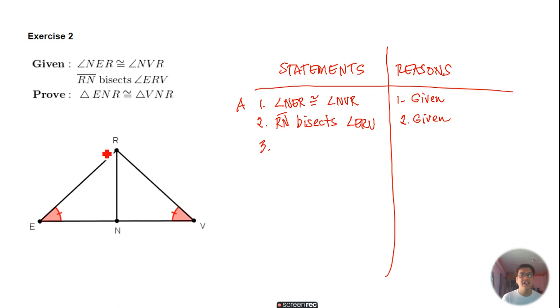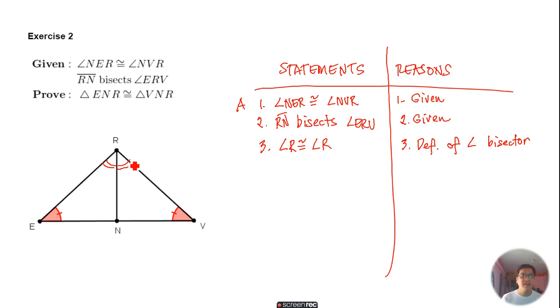Meaning to say, we will produce two angles that are congruent. These are the two angles that are congruent, so we say that angle R is congruent to angle R. The reason for this is, of course, because RN is a bisector, therefore we say definition of angle bisector.